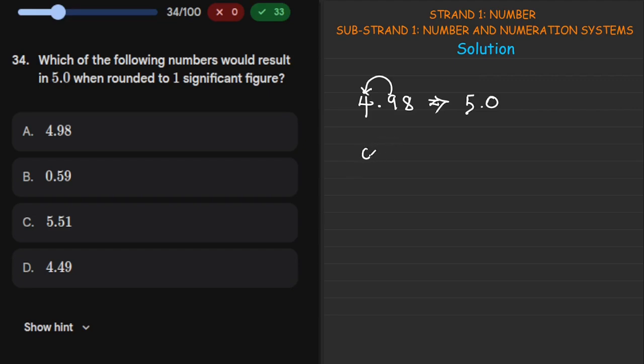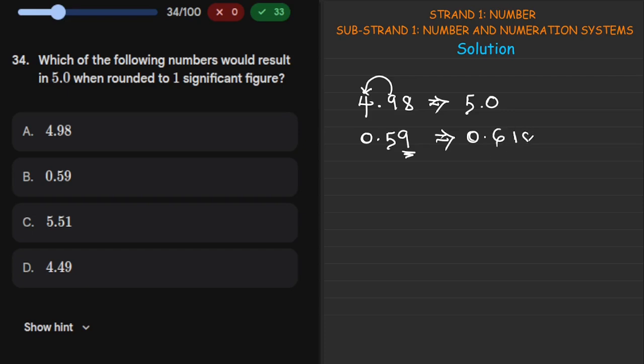Let's try the remaining. If we're looking at the second one, if we actually want to round to one significant figure, that is 5.9. So our first significant figure is what? 5. And if you want to round it and then end right there, we look at our decider. This decider here is also 9. You see, so what it does is going to affect the 5 so that it becomes 6. We are rounding up so that we have a 6.